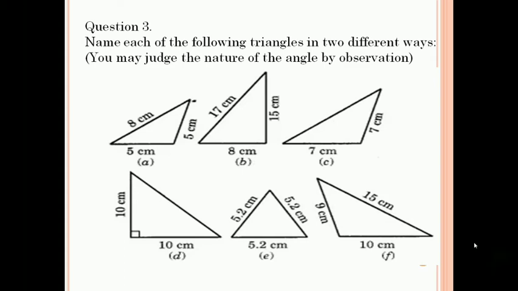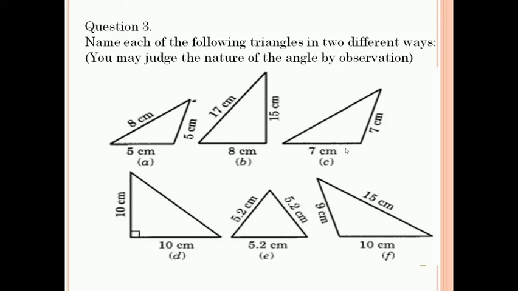All these types we have discussed are based on their sides. Now we have to write the names on the basis of the measurements of angles. In diagram A you can see it is a little bit obtuse, so we write obtuse angle triangle. These adjacent edges are perpendicular to each other, so it is a right angle triangle.